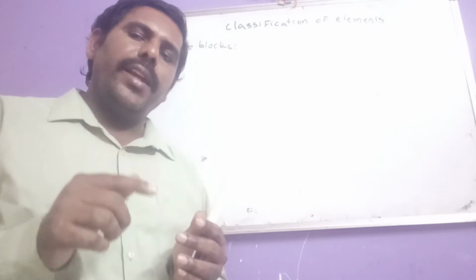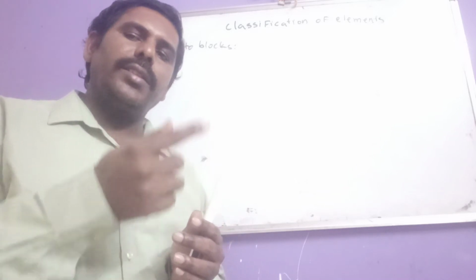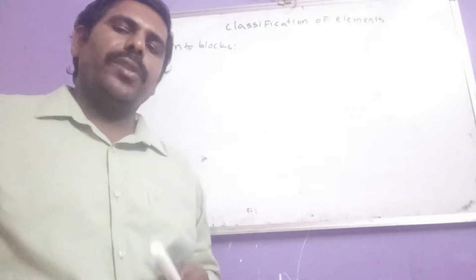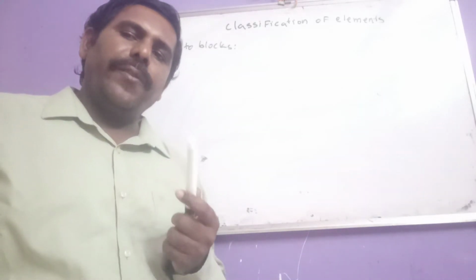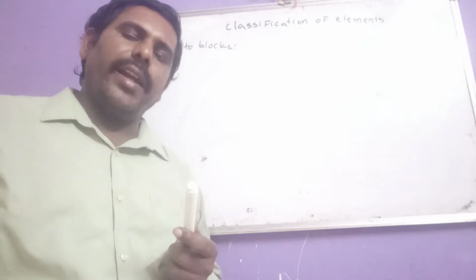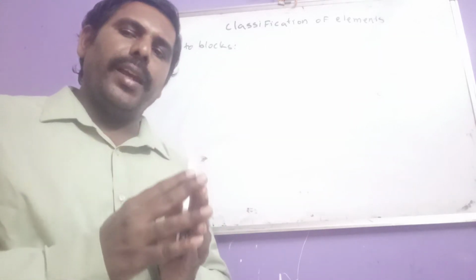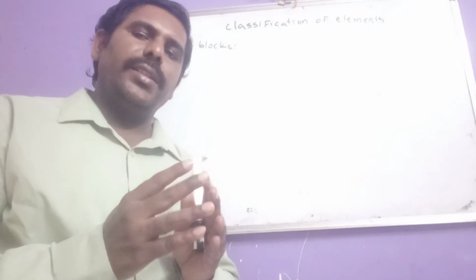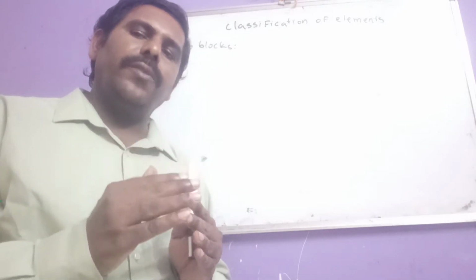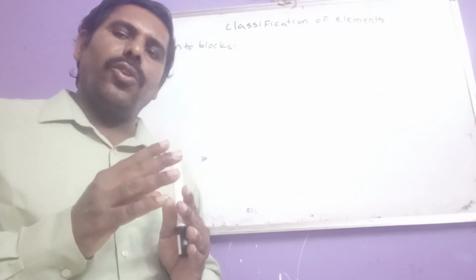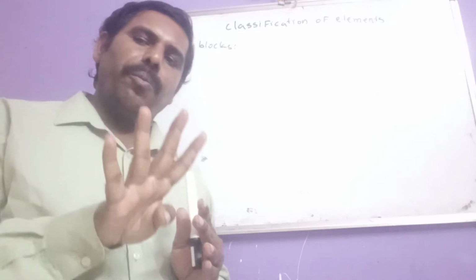Differentiating electron means the last coming electron into that configuration. Like that, if the differentiating electron enters an s subshell, that is said to be s block. Based on the entrance of the differentiating electron, the elements are divided into four blocks.